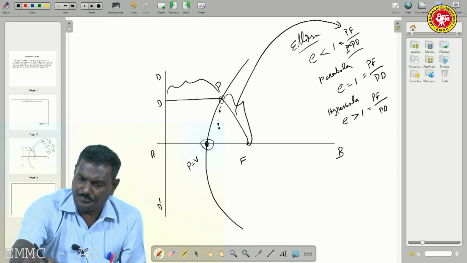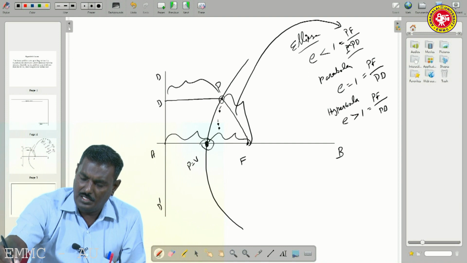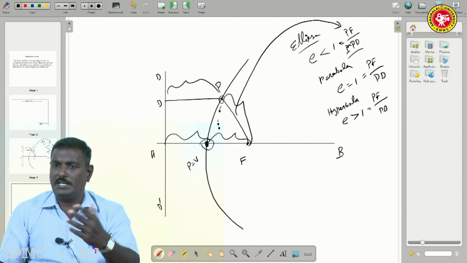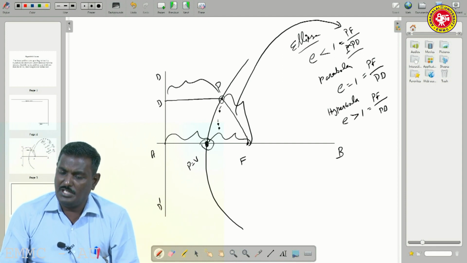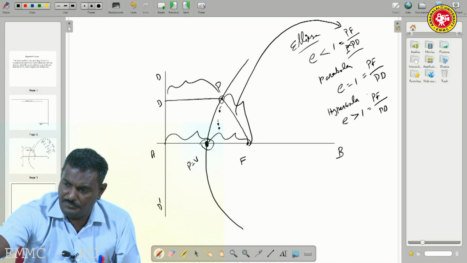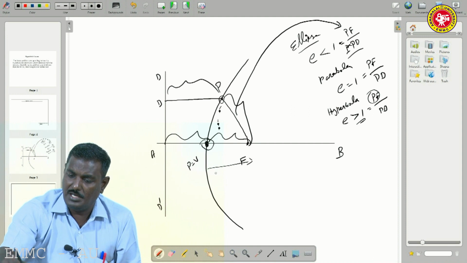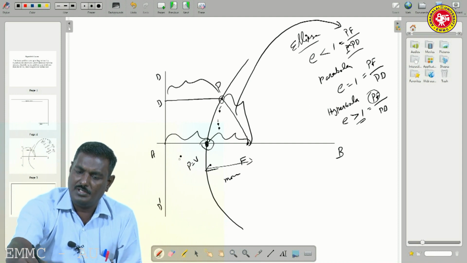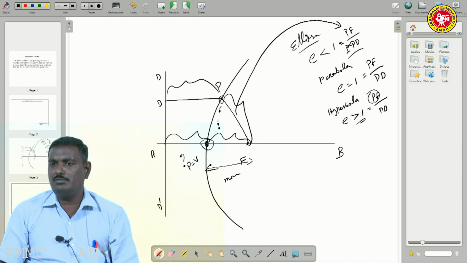By the distance ratio only, we have to decide whether it is a parabola, hyperbola or ellipse. So if the distance PF is more than this distance PD, then it is called a hyperbola. By this way only we have to take it.